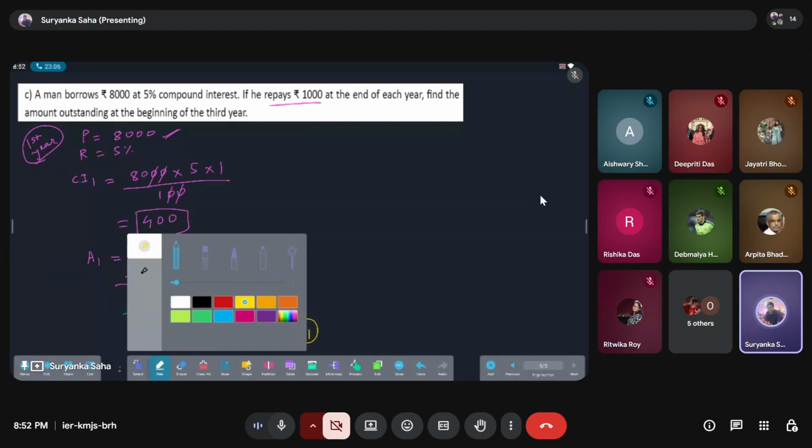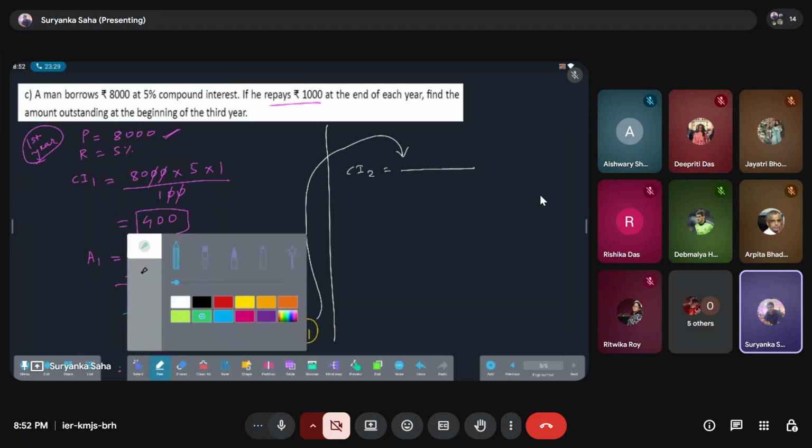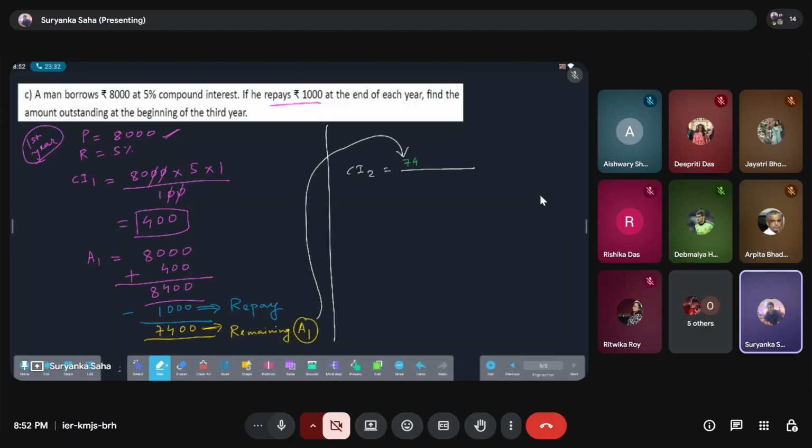For the CI2 calculation, you need a principal, and this remaining A1 will be the principal, so that will be 7400 into rate 5% into 1 year by 100.